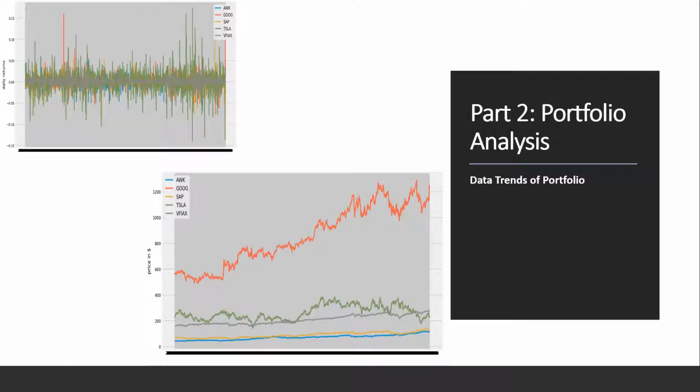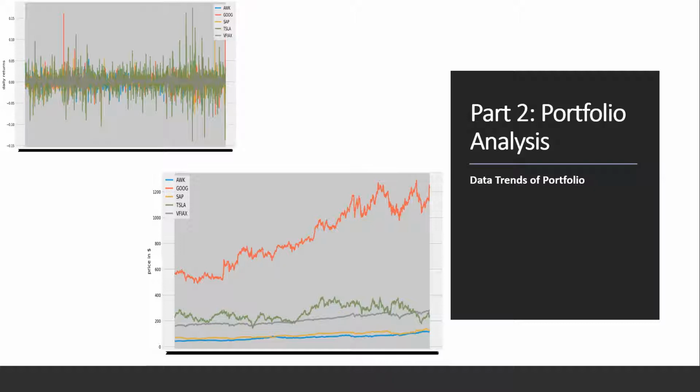So now we get back to the second part of the portfolio analysis, that is the optimization. Over here, we're just seeing data trends of the stocks that we have: AWK, Google, SAP, Tesla, and Vanguard. As you can see, Google has the highest price in dollars, and that's why the other stocks are getting normalized here.